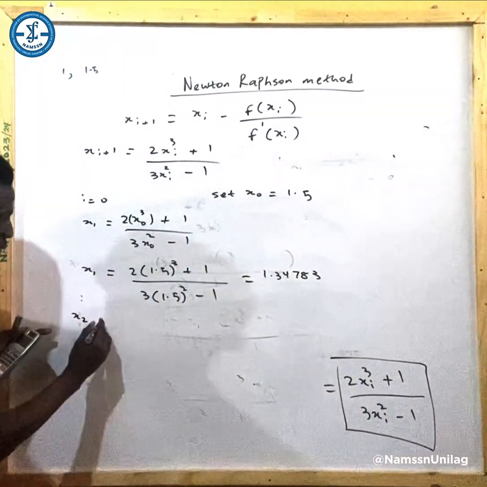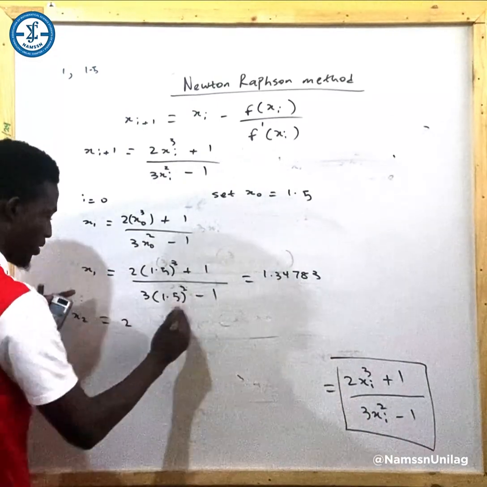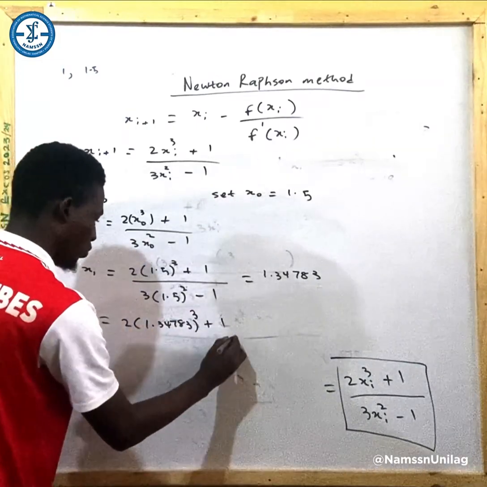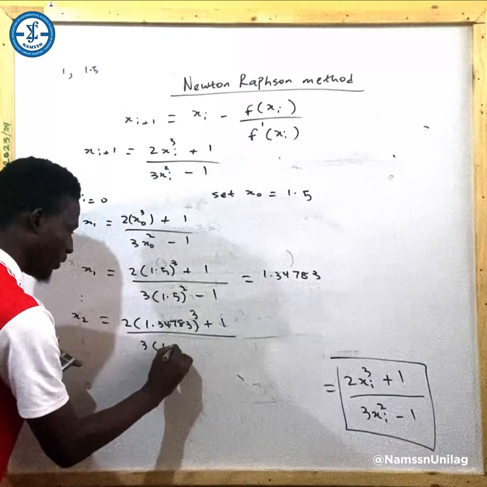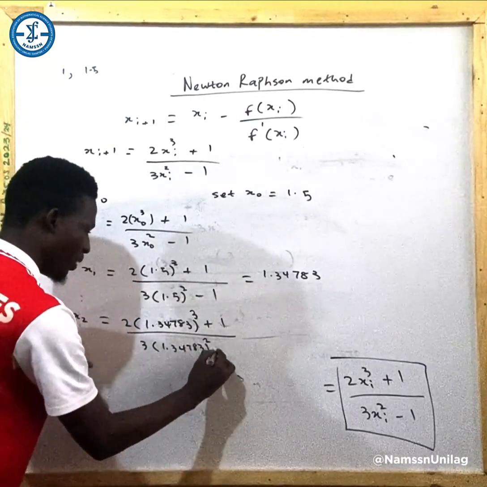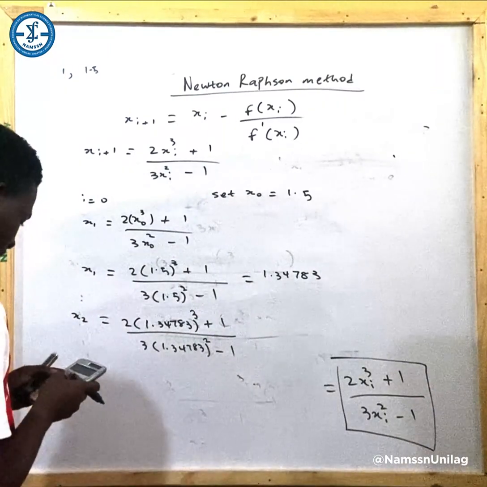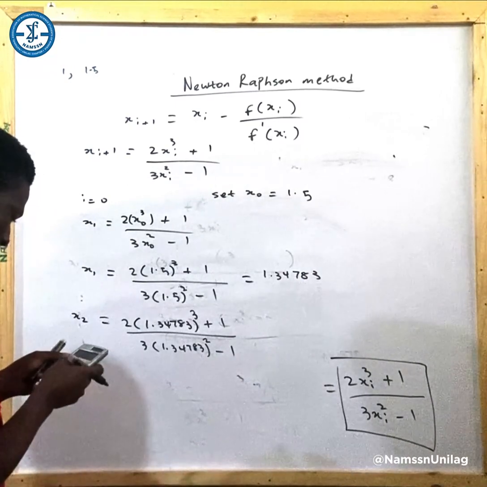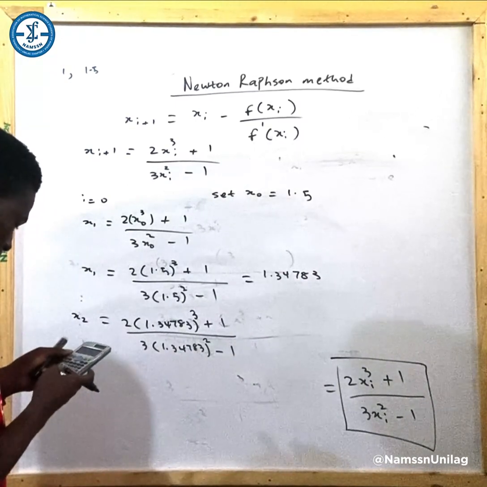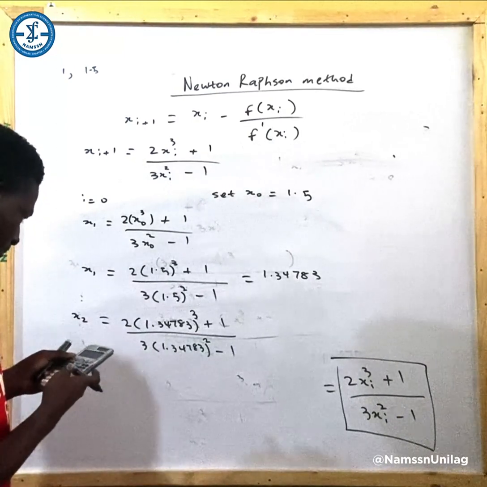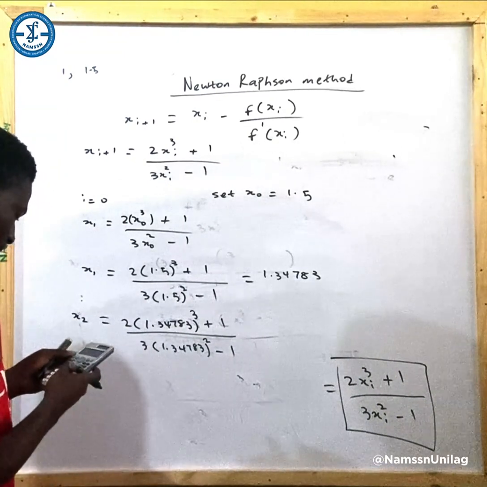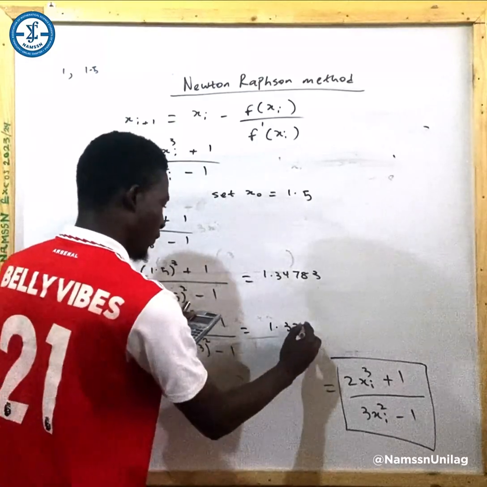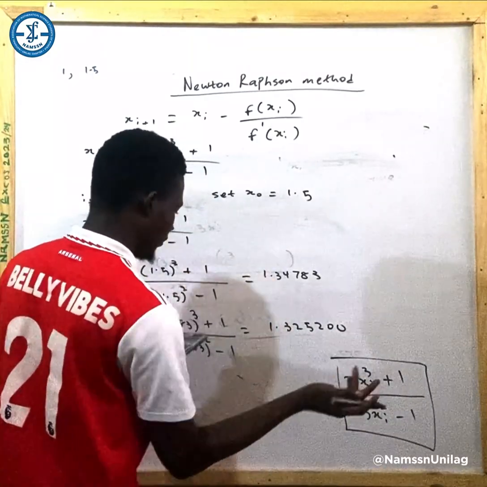So x2 becomes 2 into 1.34783 cubed plus 1 over 3 into 1.34783 squared minus 1. So my x2 is 1.325200.